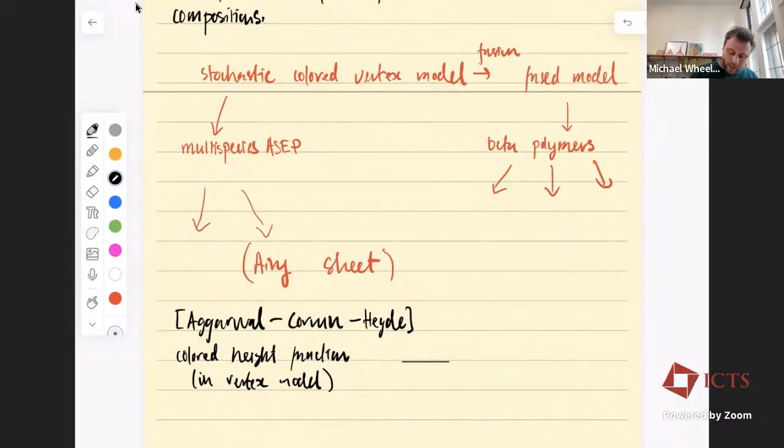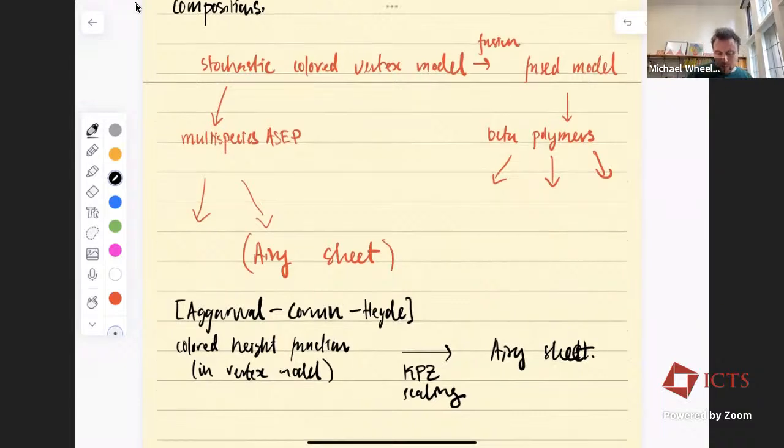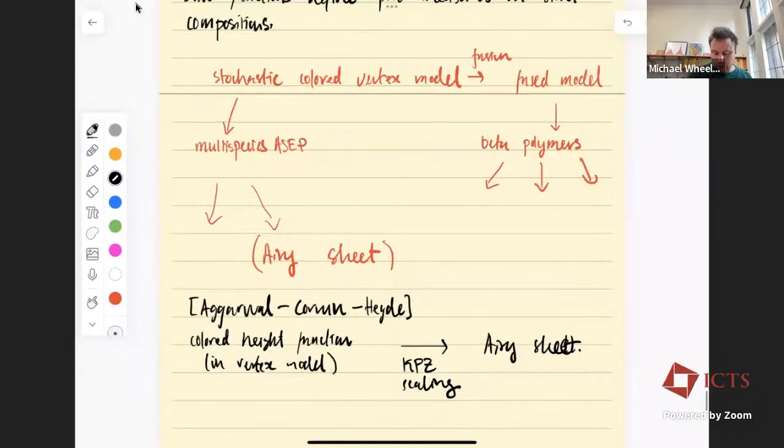And under a certain scaling, which is the so-called KPZ scaling, they actually show that this thing converges to the Airy sheet. So that's quite recent. I think basically dating from either earlier this year or maybe end of last year. So anyhow, just to say that there is a pretty rich tapestry of probability going on behind this model.